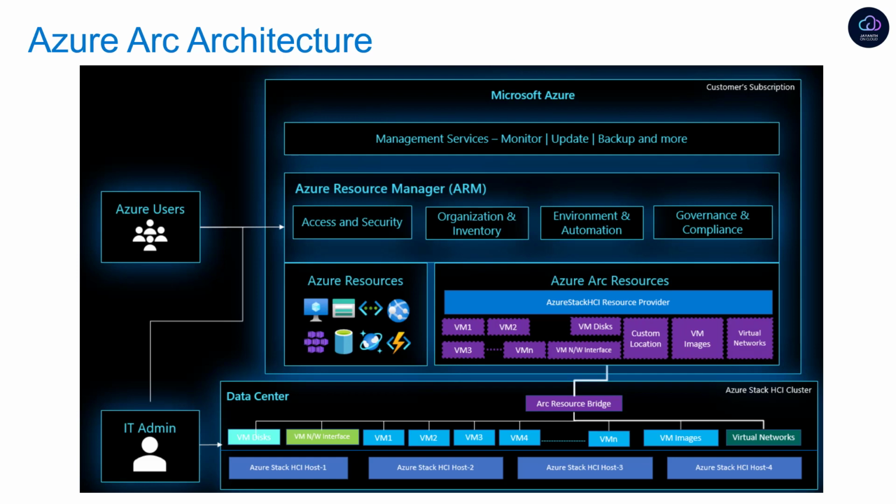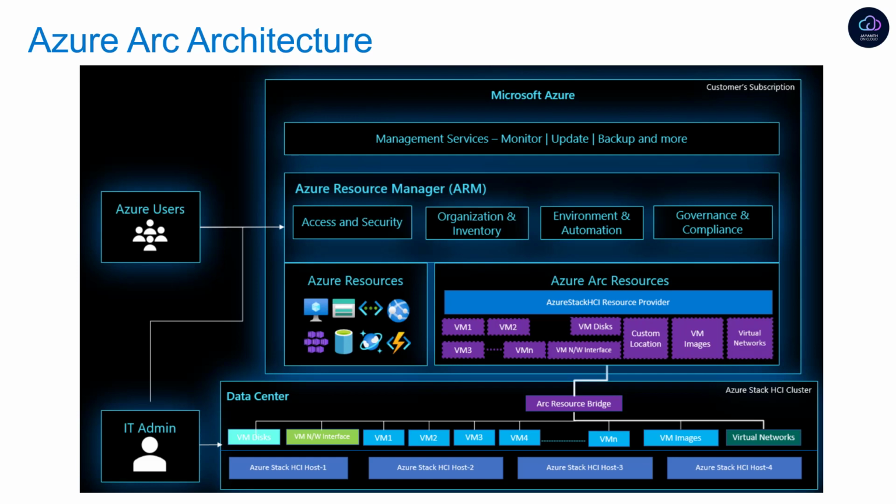I'm going to show how to create a custom location when I do the live demo. And then you can store your VM images and create your own Azure virtual network, which can talk to the VM that you provision onto Azure Stack HCI clusters using the Azure portal.